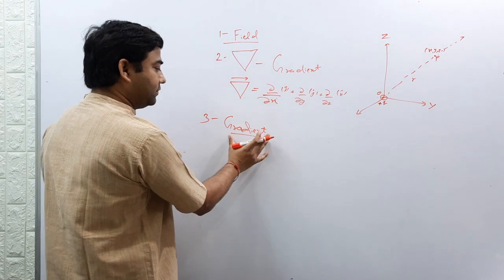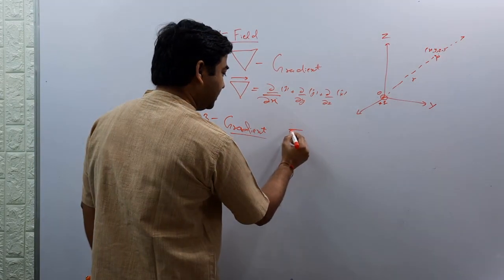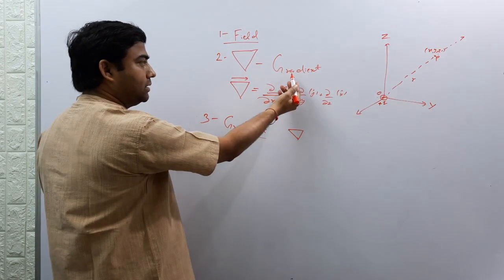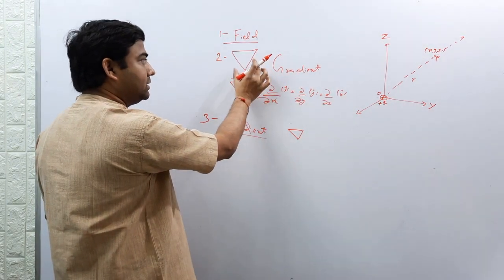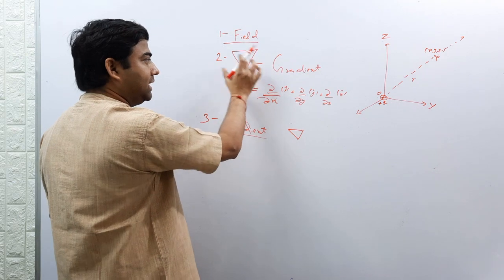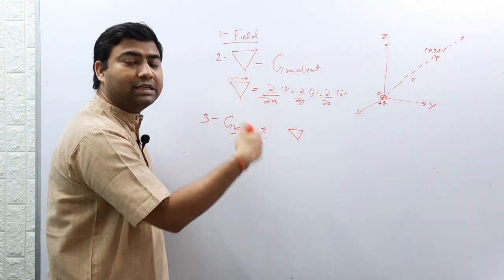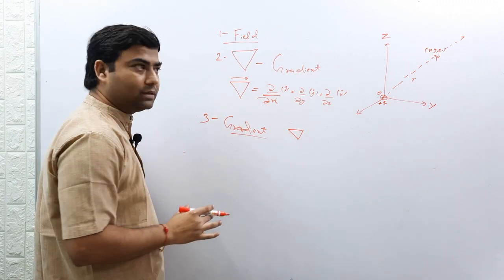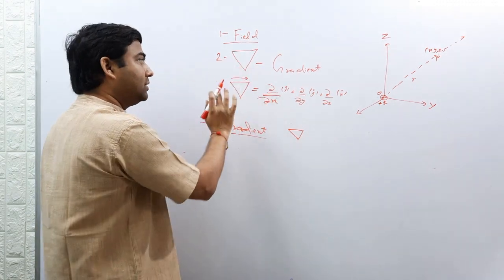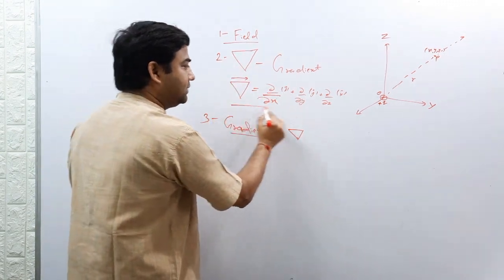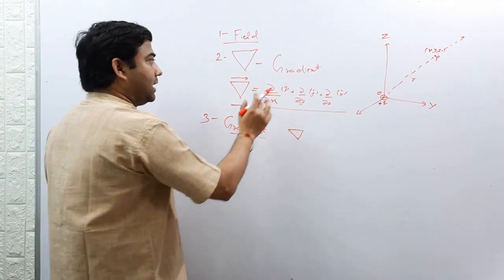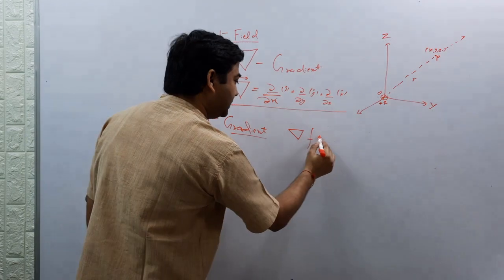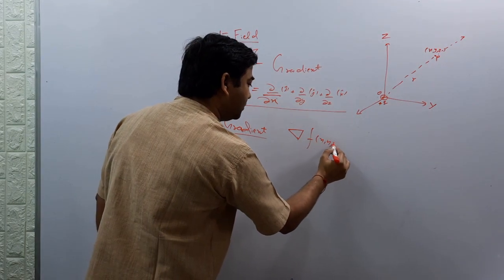Gradient operation, when this del operator, we have mentioned gradient, this actual operation of del with a scalar function is called the gradient of that function. This operator is del or nabla, represented by this expression, and for the gradient operation, let there be a function f(x, y, z).